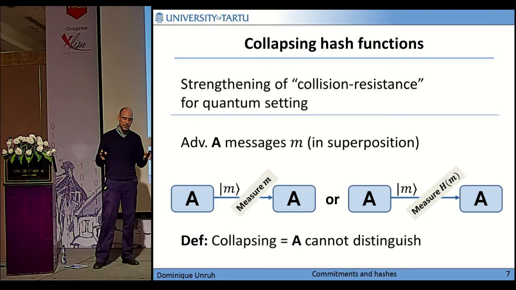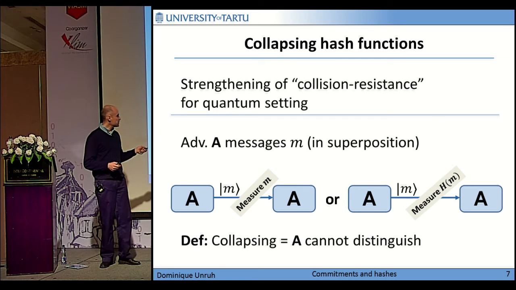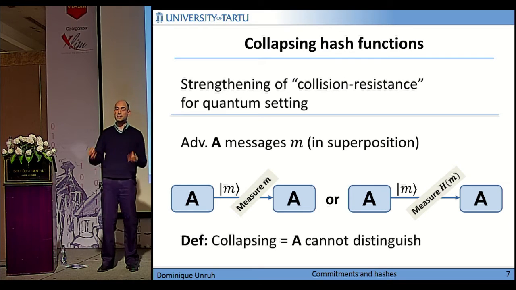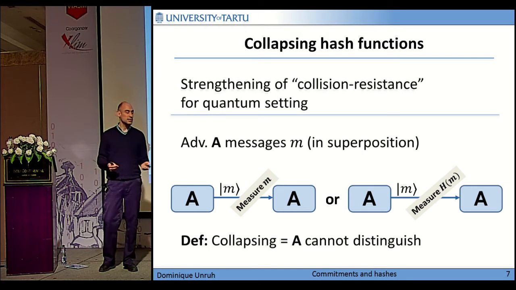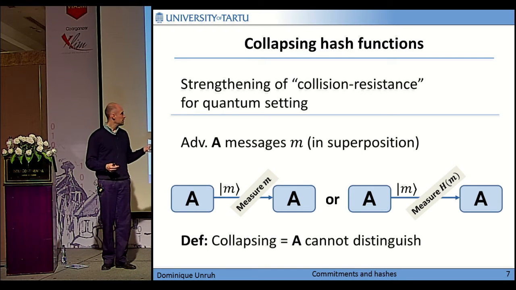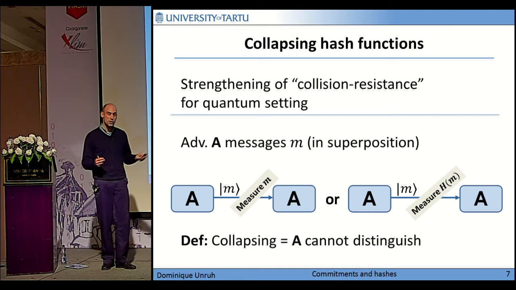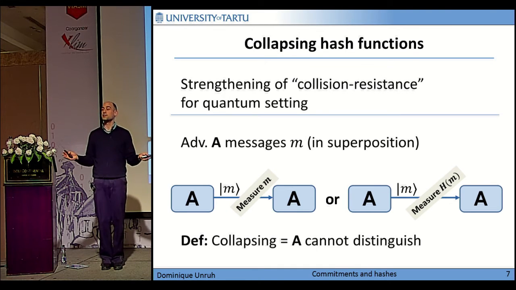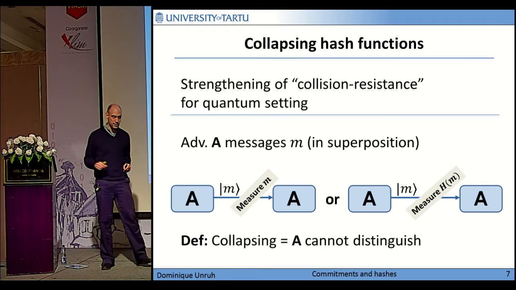That means the information content of measuring M and of measuring the hash of M is the same. In other words, measuring the hash tells you the same as measuring the message, which basically means there is no collision. This was some information theoretical argument.